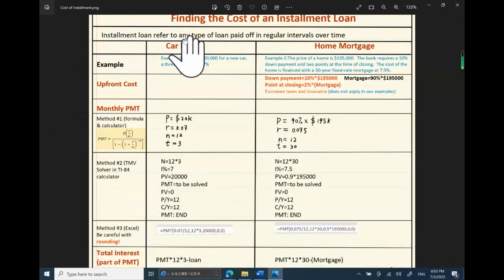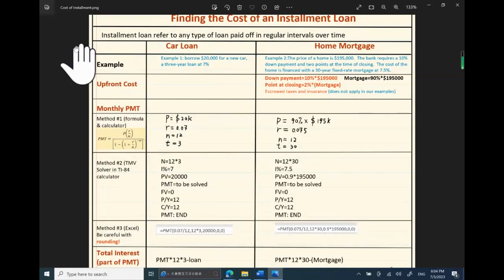Installment loan refers to any type of loan paid off in regular intervals over time. If we get a loan to buy a car or buy a house, then we would pay off the money we owe by month. Normally it is monthly. Pay back over years.